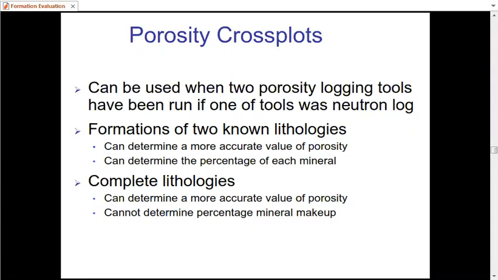If you are dealing with density neutron crossplot, the second type is neutron sonic or sonic neutron log. So for formations of two known lithologies you can determine a more accurate value of porosity, and also can determine the percentage of each mineral using the crossplot.